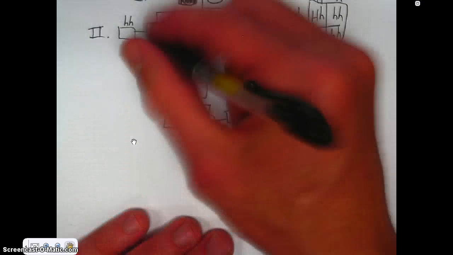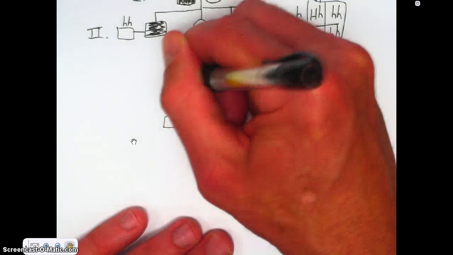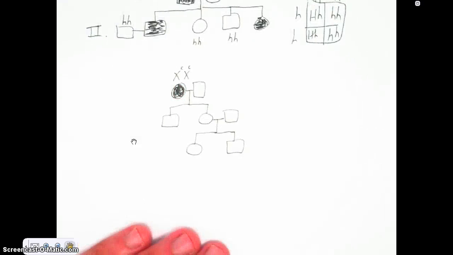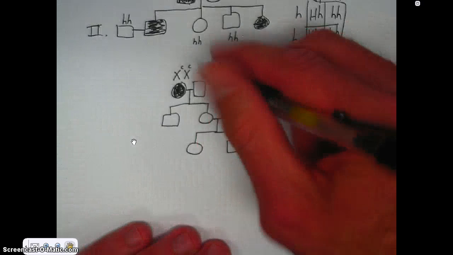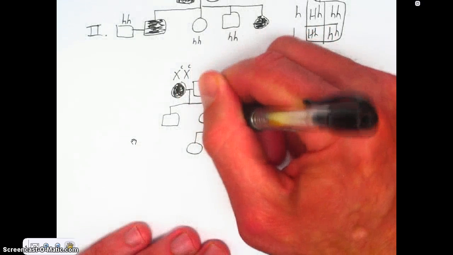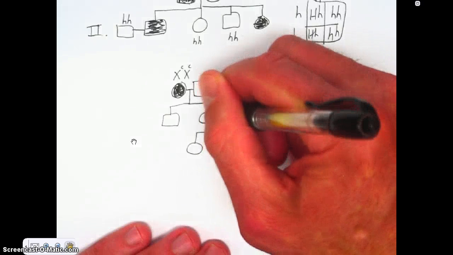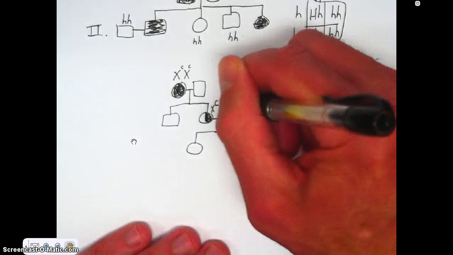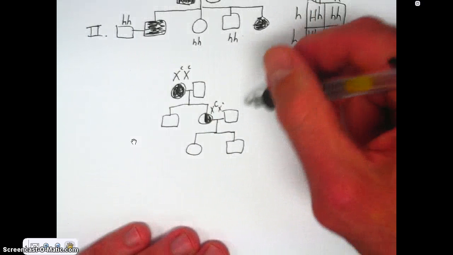If you recall, colorblindness is an X-linked recessive disease. So I'm going to show that she has two bad X's by putting a little c on each one of those X's. She had to give my mother a bad X, and so my mom was a carrier for colorblindness. So she was X big C, X little c. My dad had normal color vision.